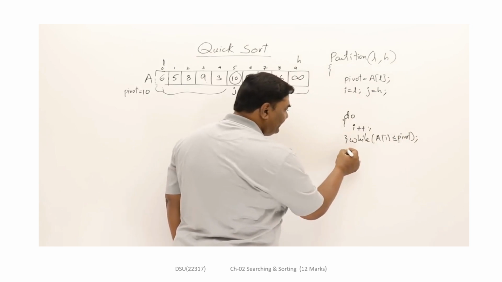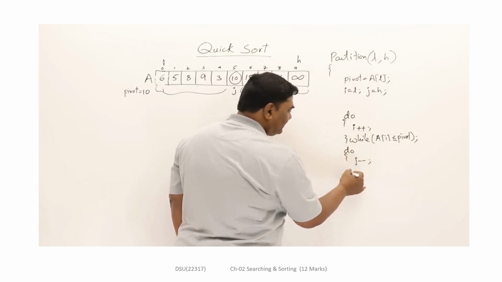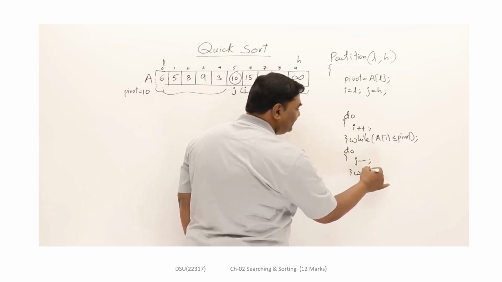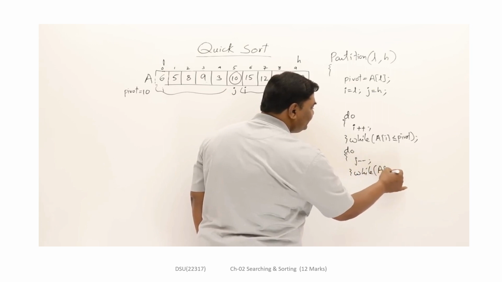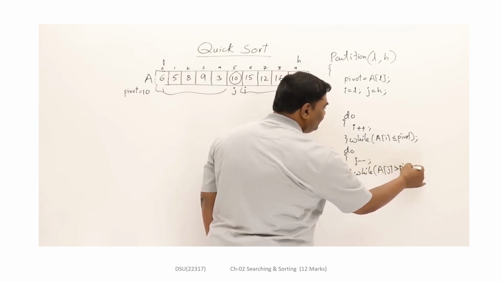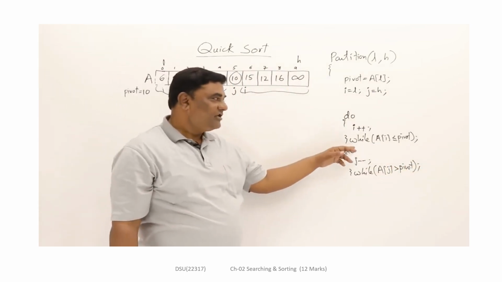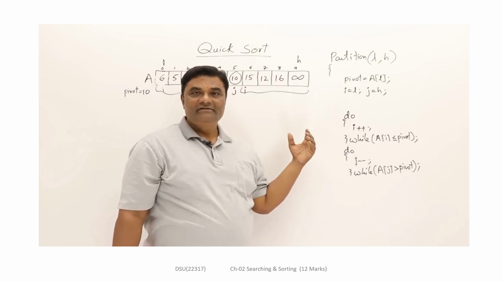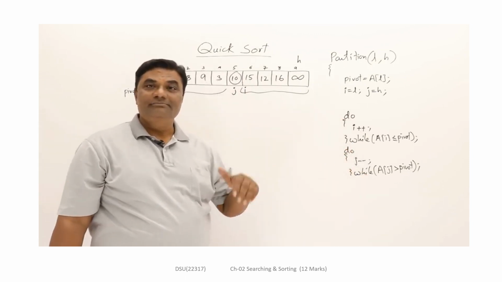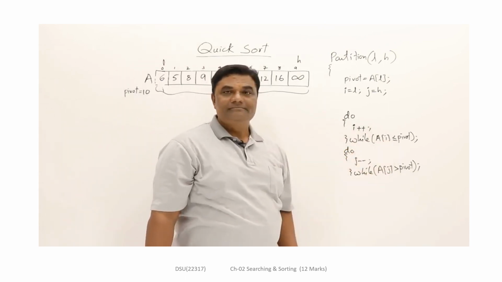And similarly decrement J until you get an element smaller than or equal to pivot, while A of J is greater than pivot. So I will stop if it gets any greater element and J will stop if it gets any smaller element. So I have written the termination condition here.